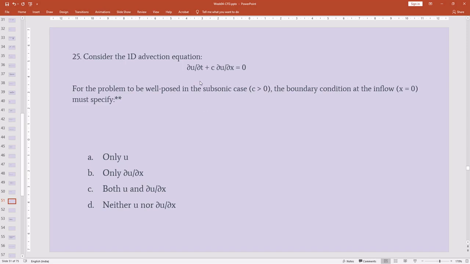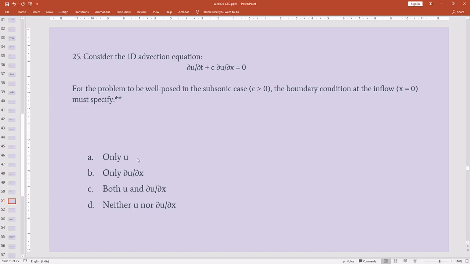Okay, next question. Consider the one-dimensional advection equation, ∂u/∂t + c ∂u/∂x = 0. For the problem to be well posed for a subsonic case, that is c less than 0, the boundary condition at inflow, that is x = 0, should specify which of the following.